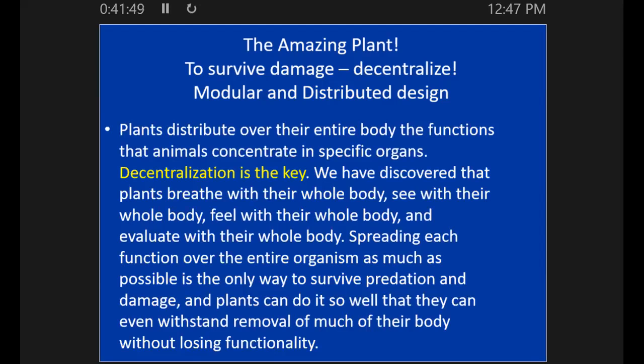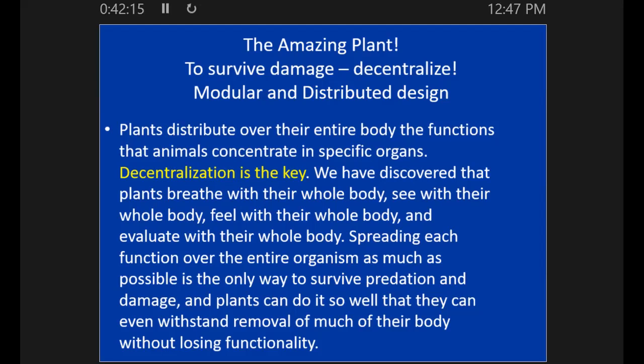To survive damage, decentralize. So modular and distributed design. So what they're saying here is, well, I'll read the quote. Plants distribute over their entire body the functions that animals concentrate in specific organs. Decentralization is the key. We have discovered that plants breathe with their whole body, see with their whole body, feel with their whole body, and evaluate with their whole body.